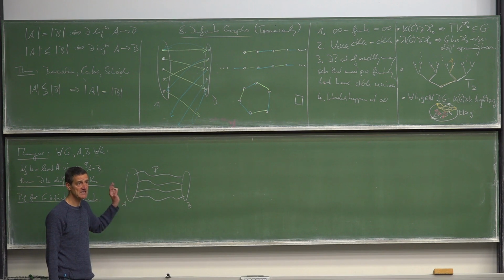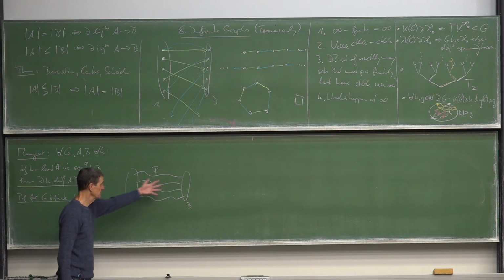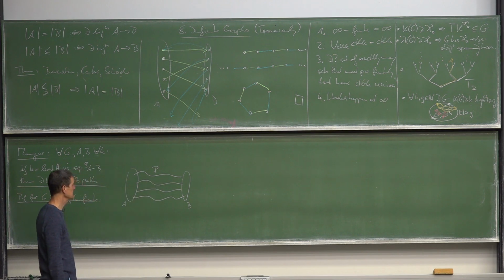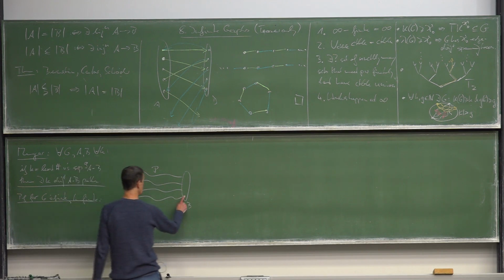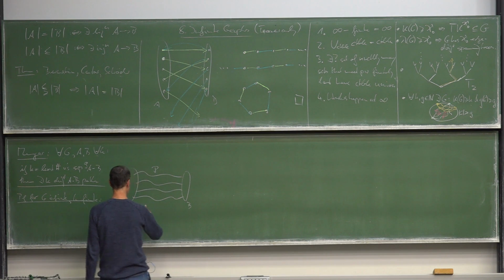I'm saying as many as we can find. I'm not saying take any maximal collection of disjoint AB paths. Take as many as we can find. One such set that is as large as possible. And suppose that's not big enough.